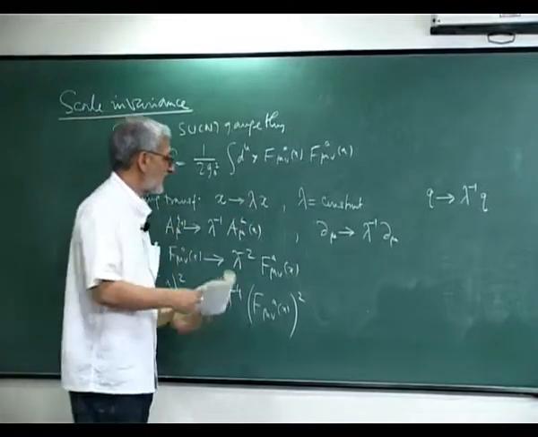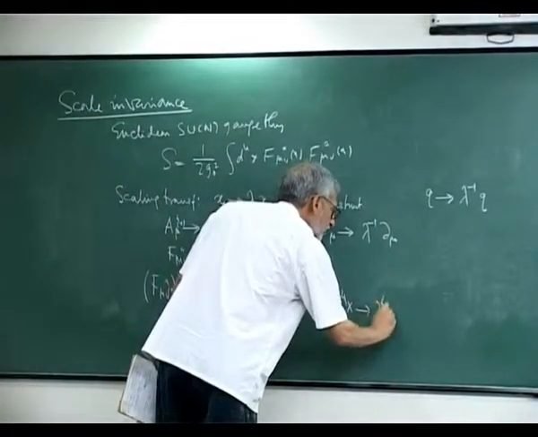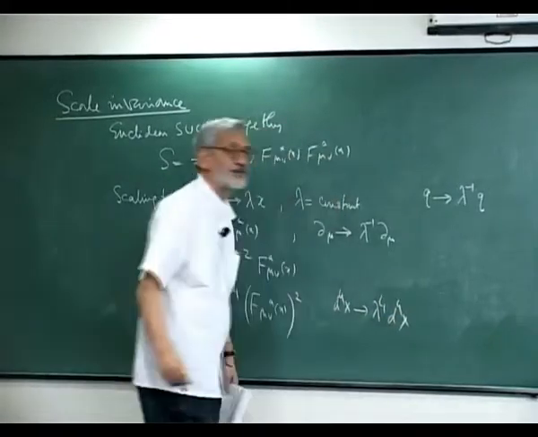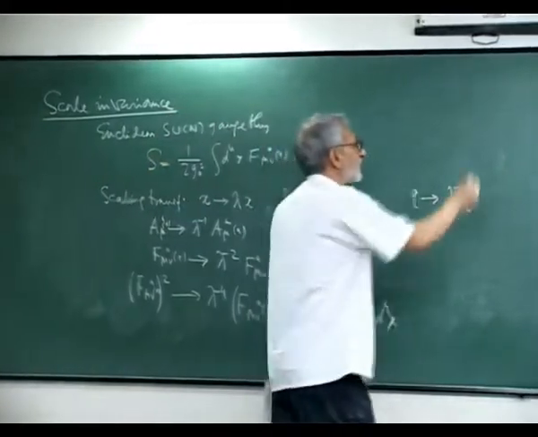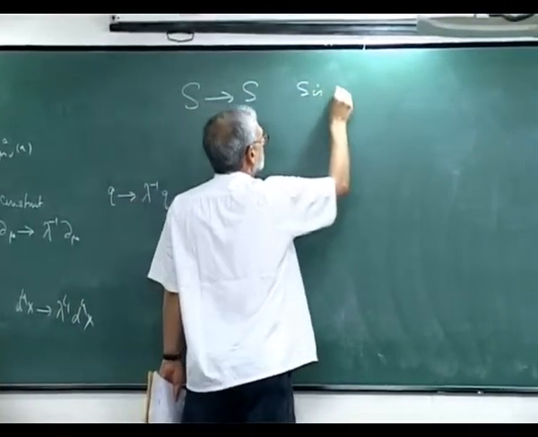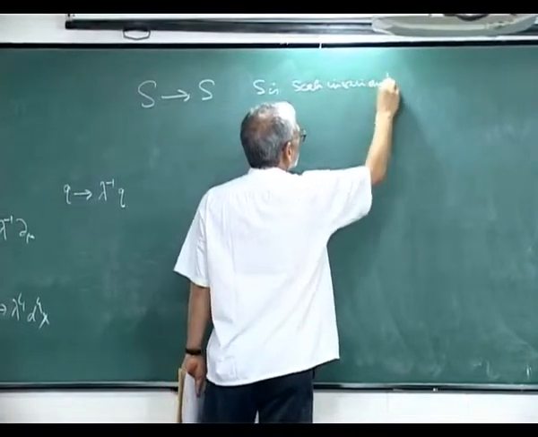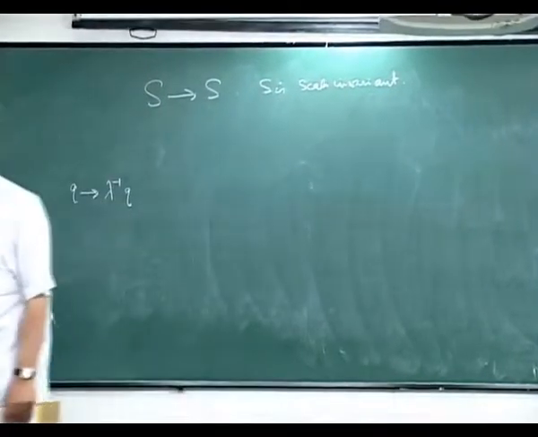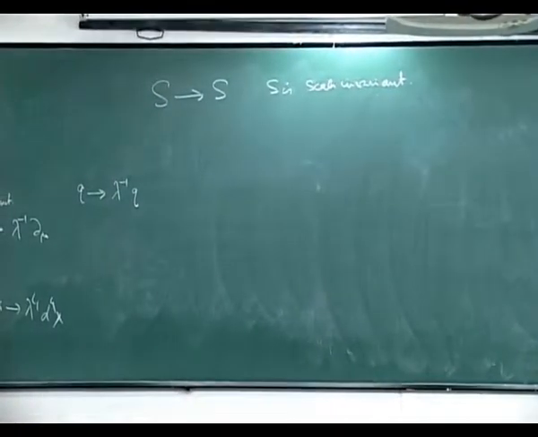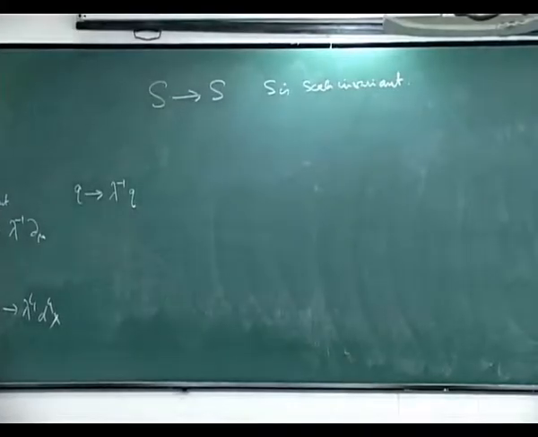And x scales by lambda, therefore d4x scales by lambda to the 4. So S goes to S. S is scale invariant. Clear?